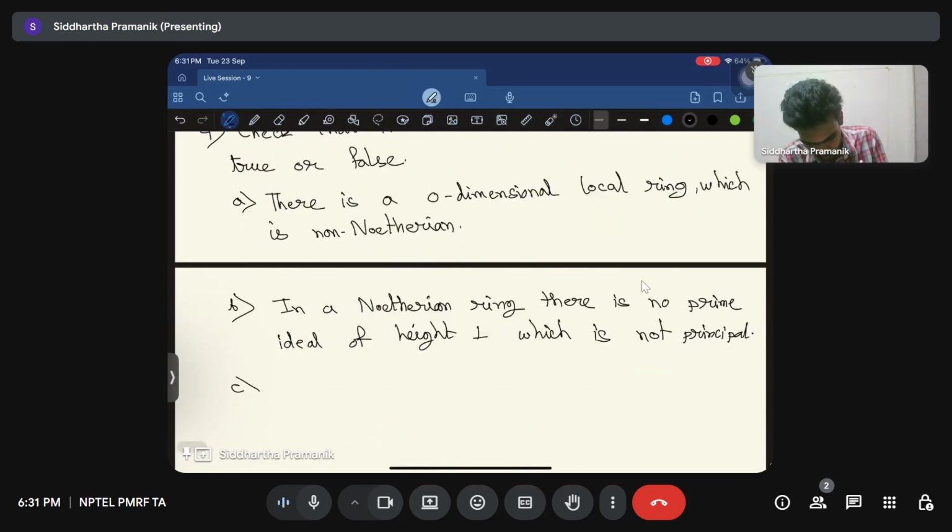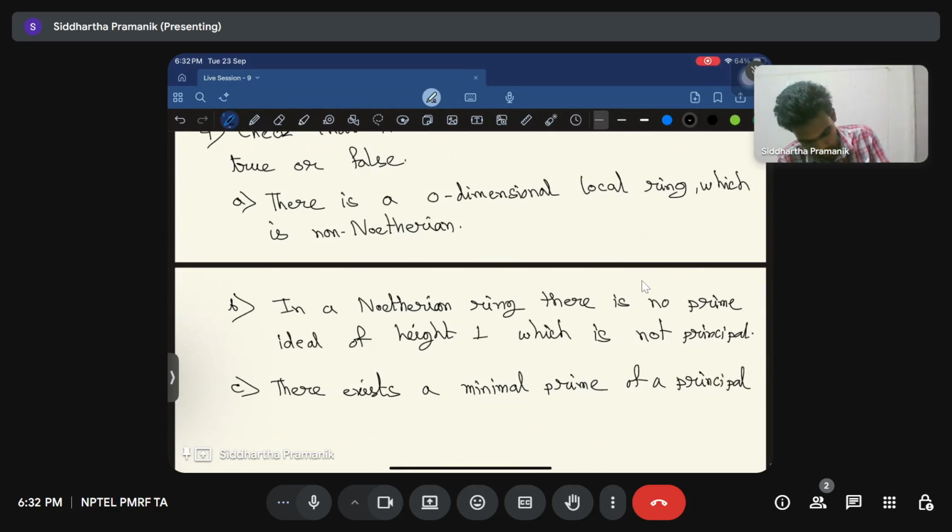And the third one is: there exists a minimal prime of a principal ideal of height 0. Okay, a principal ideal in a Noetherian ring of height 0.